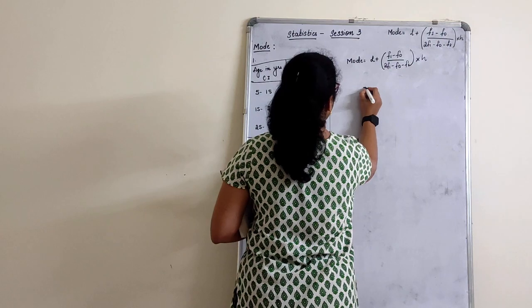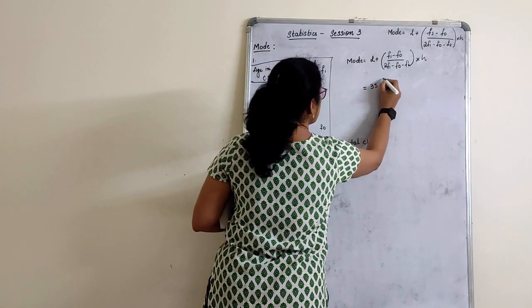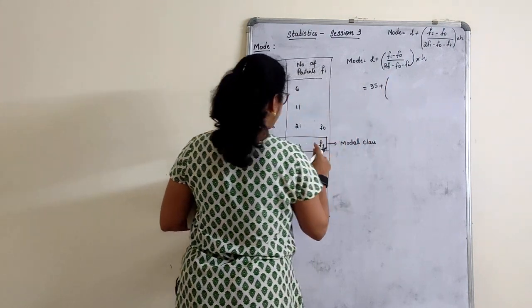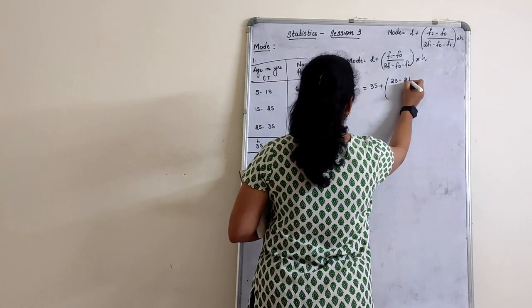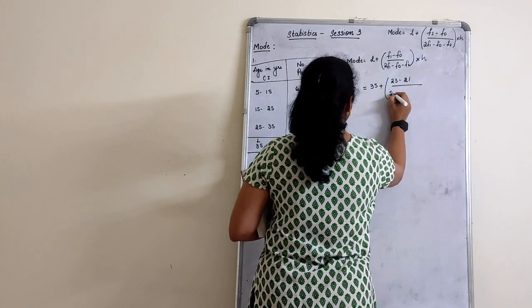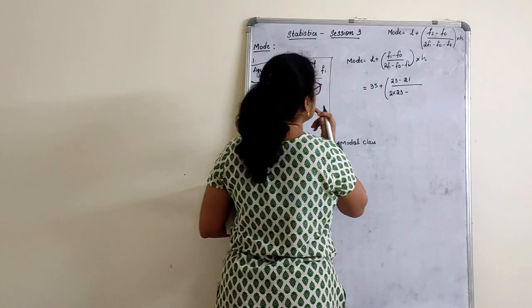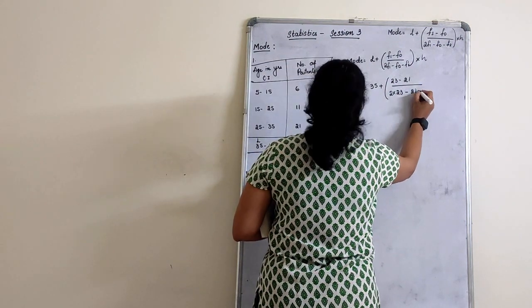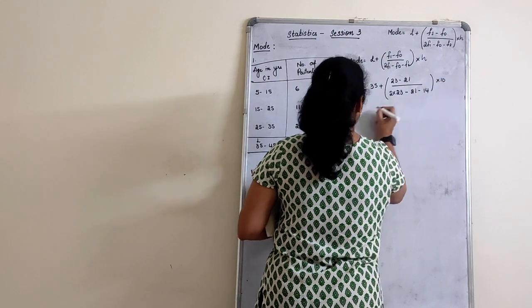The lower limit of the modal class is 35, plus F1 23 minus 21, divided by 2 into 23 minus 21 minus 14, into 10.